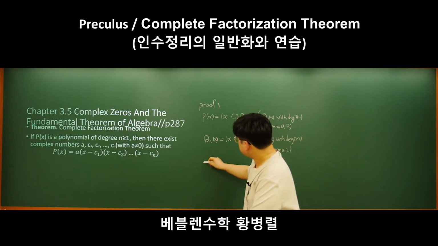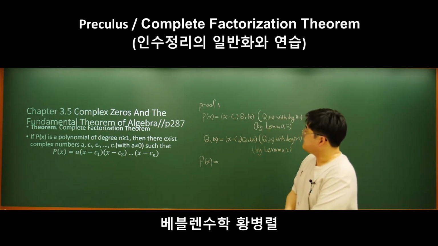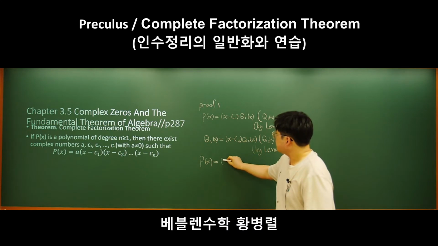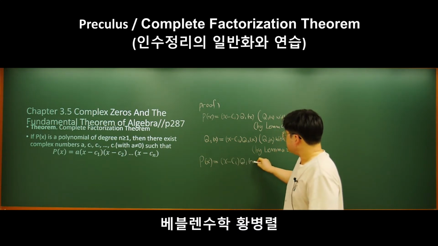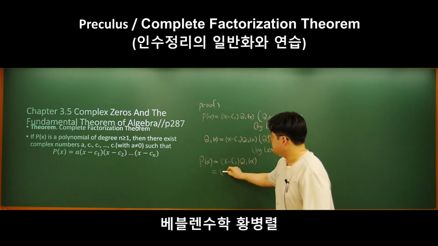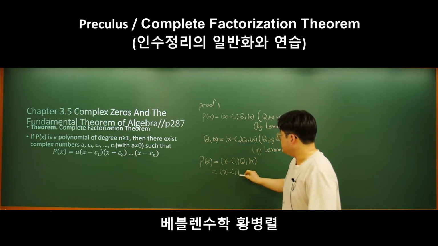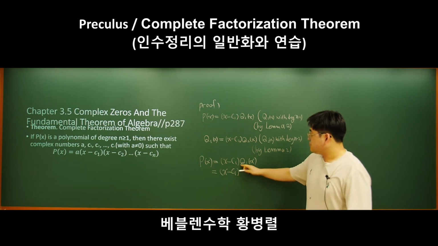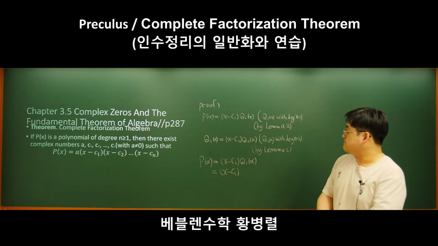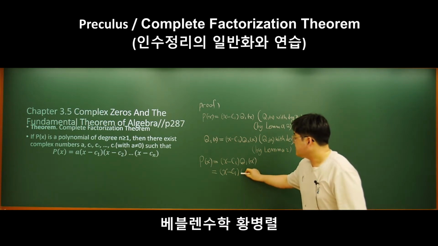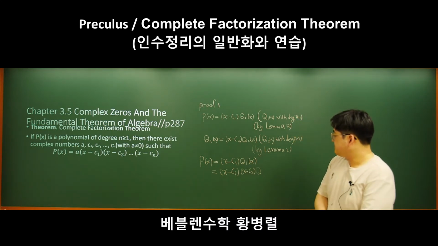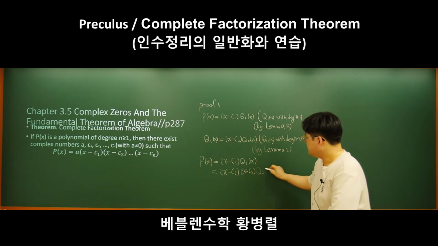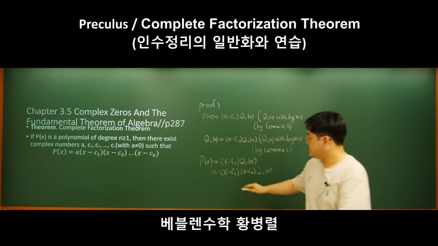Then, go ahead: (x minus c1) times q1(x), and by lemma 2, q1(x) can also be factored as (x minus c2) times q2(x).